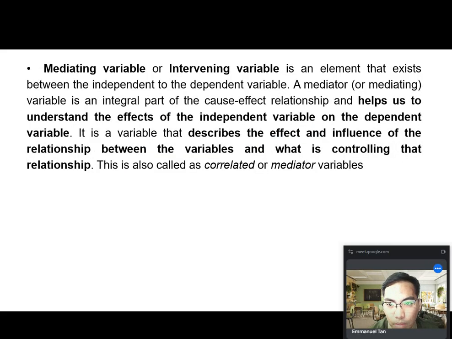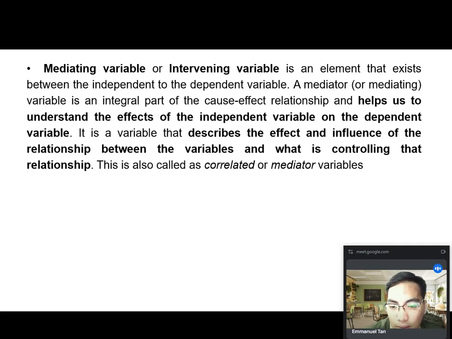Okay? Now, the mediating variable or the intervening variable, it is the element that exists between the independent to the dependent variable. Okay? It is a mediator variable. It is an integral part of the cause and effect relationship and helps us to understand the effects of the independent variable on the dependent variable.